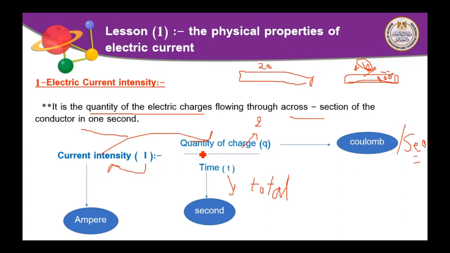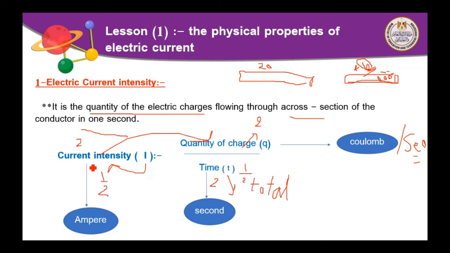When electric charges increase to double, the electric current intensity increases to double. What will happen to the electric current intensity by increasing the time to double? The electric current intensity decreases to half. What happens when increasing the quantity of charge to double and decreasing the time to its half?